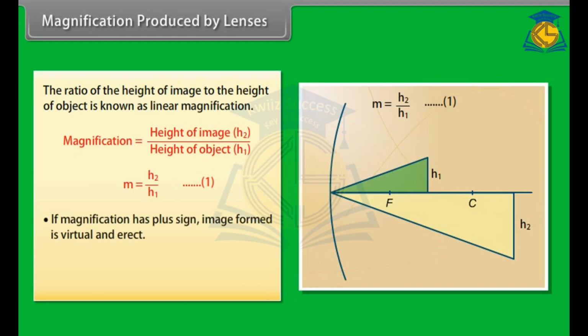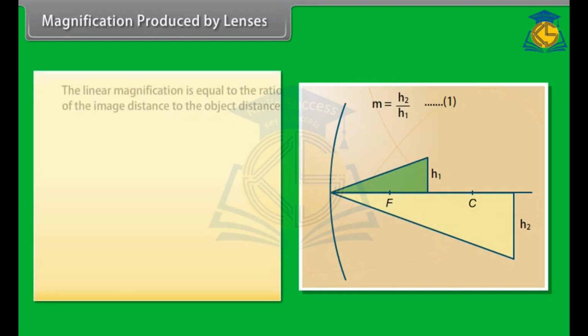If magnification has plus sign, image formed is virtual and erect. If magnification has minus sign, the image formed is real and inverted. The linear magnification is equal to the ratio of the image distance to the object distance.